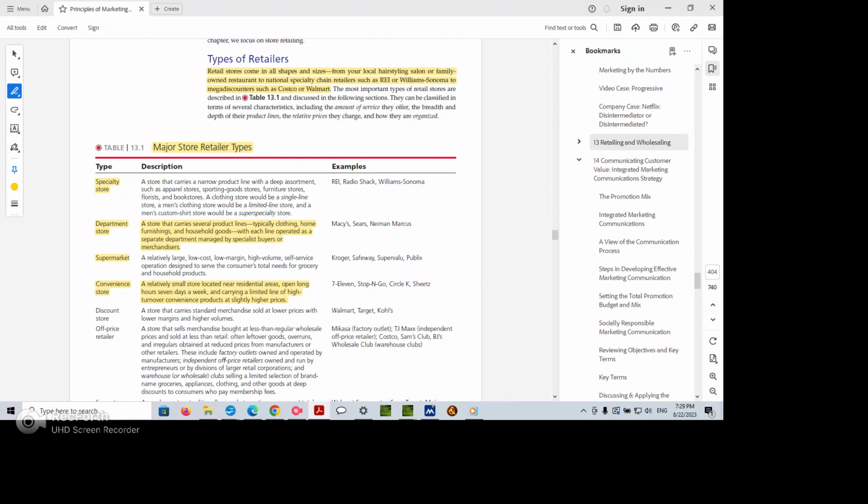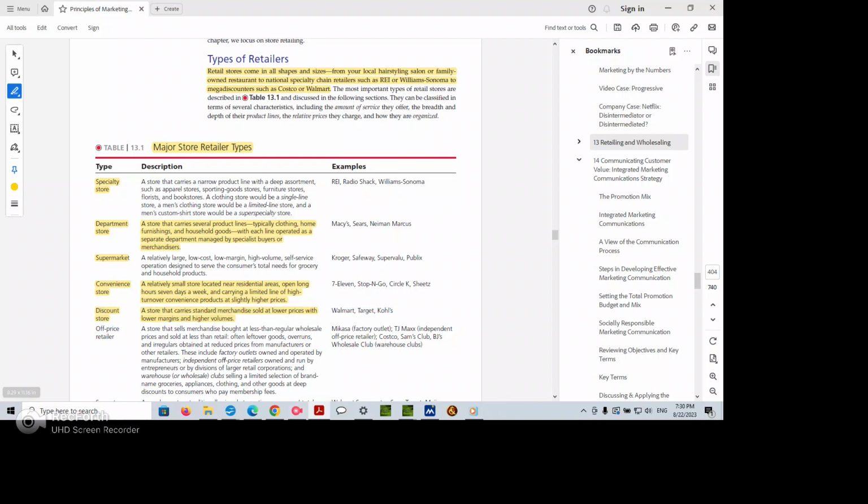cigarettes, those things. Anyway, for discount stores, it's a store that carries standard merchandise at a lower price with lower margins and higher volume. So it's like the supermarket, except it has less volume, but is cheaper. So that could be a Walmart, a Target, or Kohl's, Dollar General, a Family Dollar, those types of places.